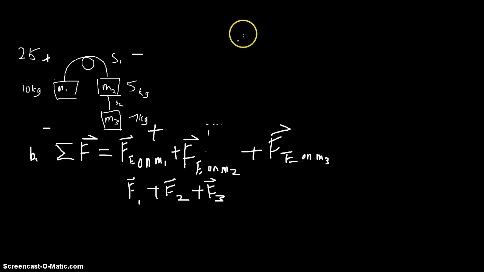Okay, so from here on, we just have to find F of 1, which equals M times G. Now in this instance, G is going to be negative 9.8 meters per second squared, so it equals 10 kg times negative 9.8 meters per second squared.